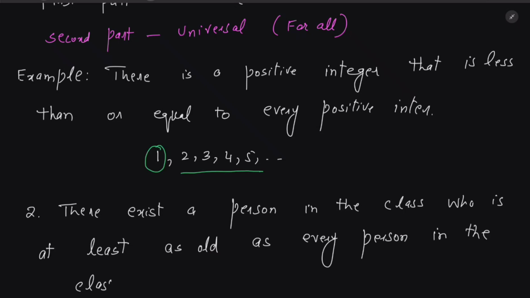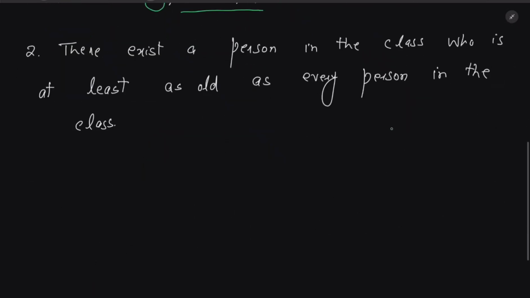So we have one person in the classroom compared to all the others. If we have other people as well, this person is as old as every person in the class.